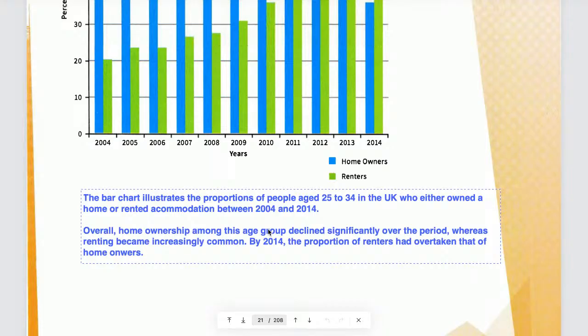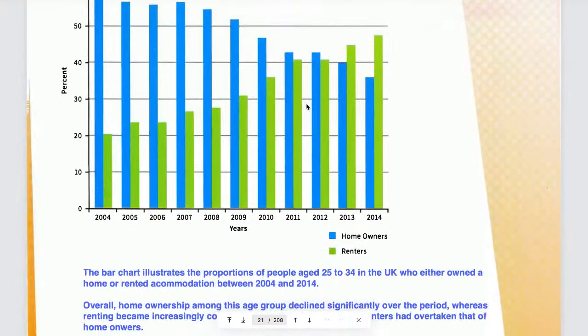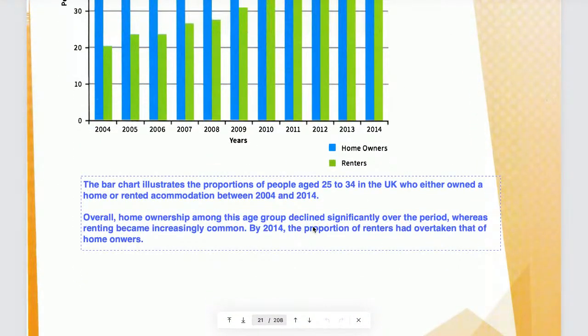Because if you just say that home ownership declines significantly over the period, that means it can be at any age, right? But that's not precise anymore. And if you mention it like that, you will get a minus point, because your data is not correct. It's not precise. You might feel you are writing the right thing, but actually it's not. So be very careful, because here we are talking about home ownership among this age group only, from 25 to 34, not at any age. So you have to mention that.